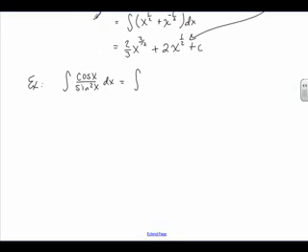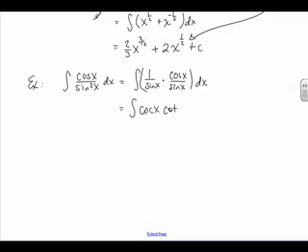I can rewrite that fraction as a product of the fraction 1 over sine x times cosine over sine x. Or cosecant x times cotangent x.